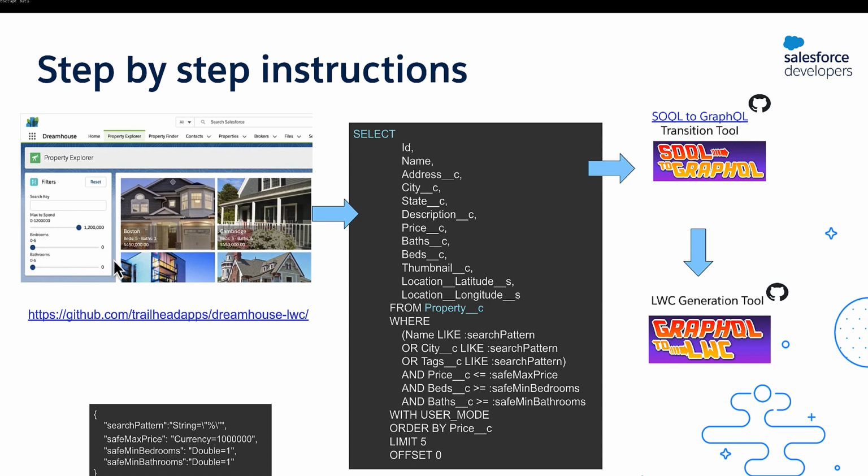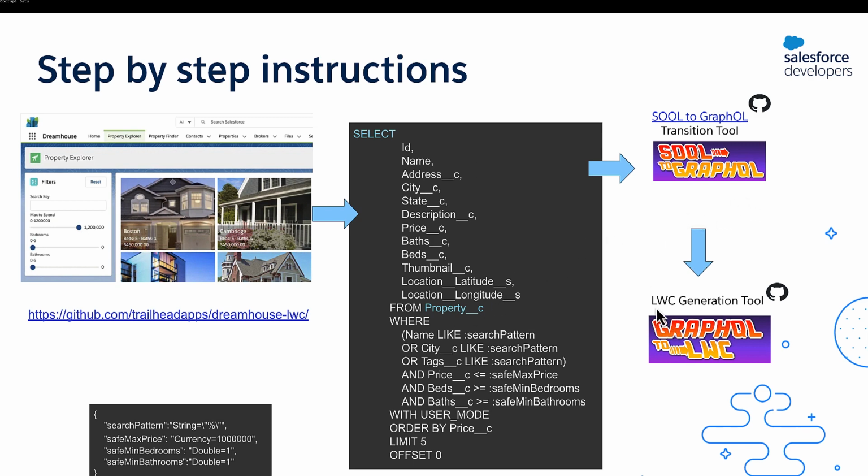We'll connect to a Salesforce org that you can spin up from this GitHub link. There is a controller, PropertyController.cls, in this application, which writes this query. What we'll do is use the transition tool, called the SOQL to GraphQL transition tool, to transform this into GraphQL.